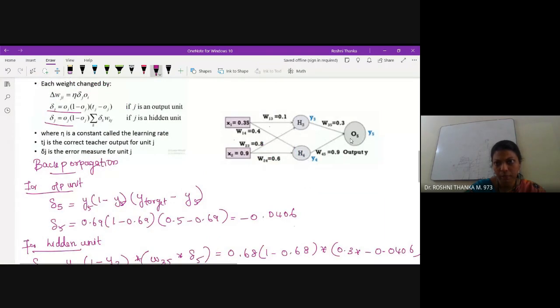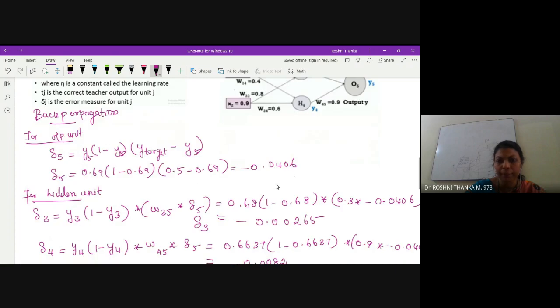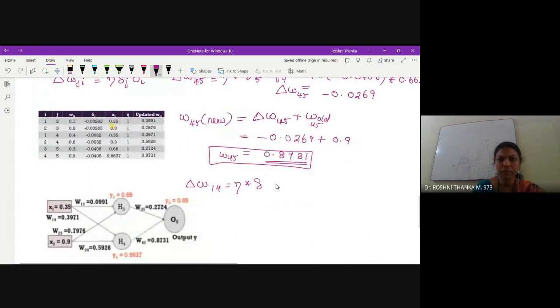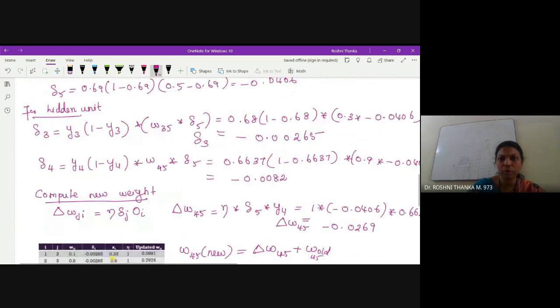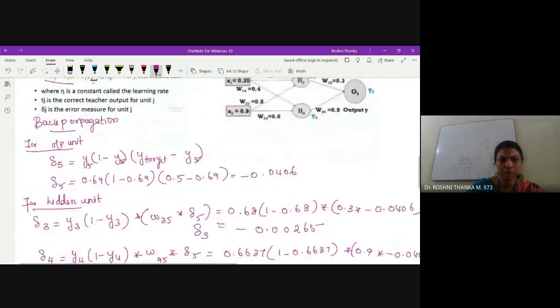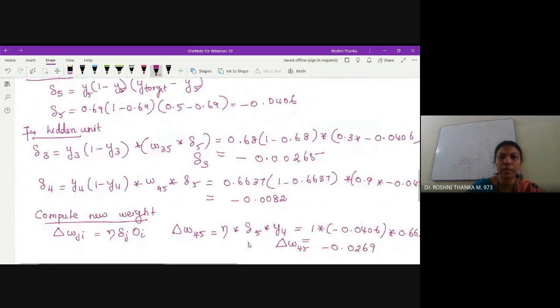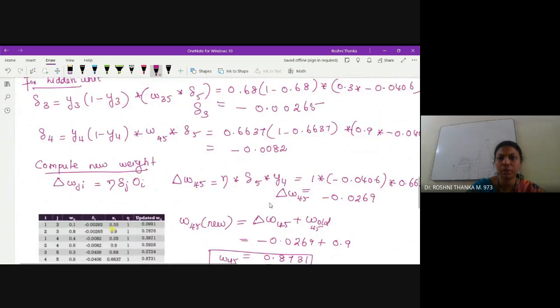Previously we took the error of this and the output of this. Similarly, for this weight, we take the error from here and the input from here. The input is 0.35. So that is error of 4 into input of x1, which is equal to 1 into error of 4. The error of 4 which we have calculated here is minus 0.0082.